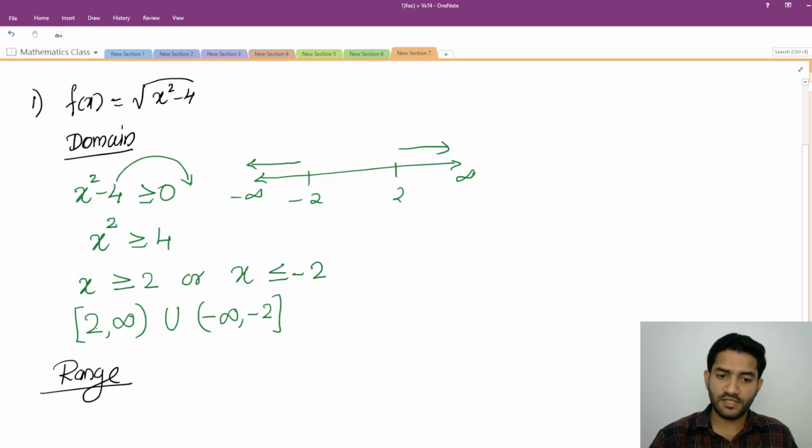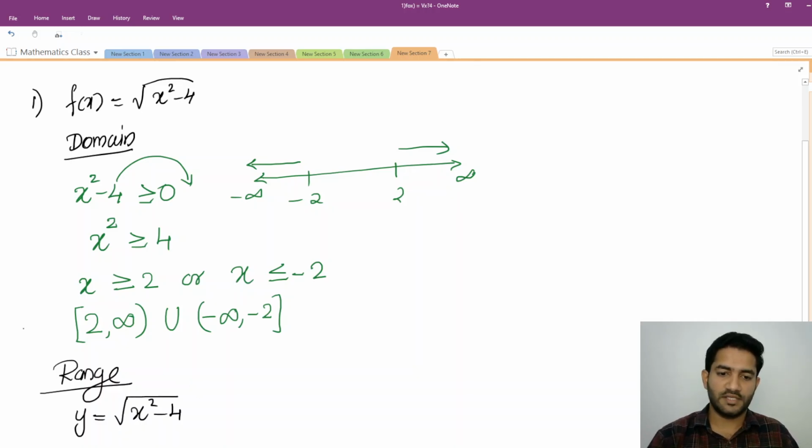So here we know that x ranges from minus infinity to minus 2, or from 2 onward. So we can select any such number for the x value. We are finding the values of y. For that, just consider y is equal to x squared minus 4.